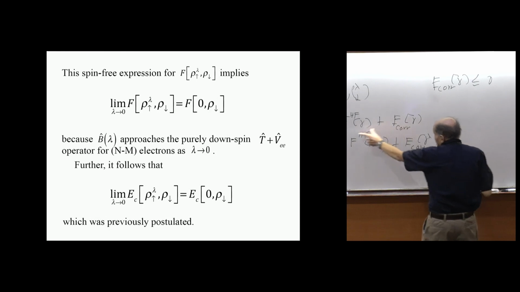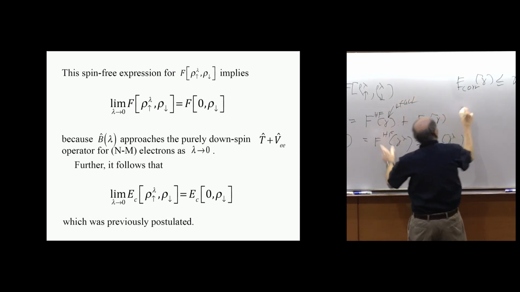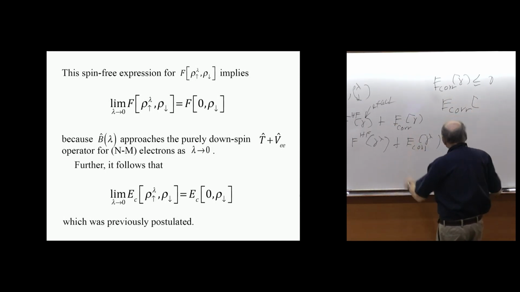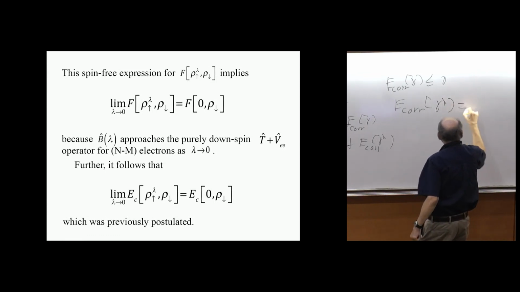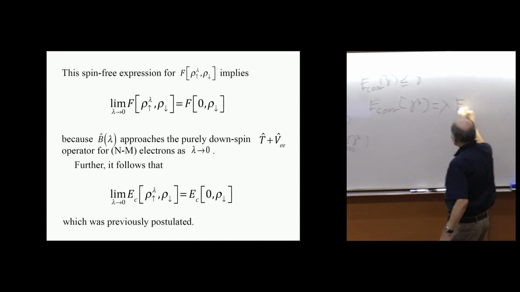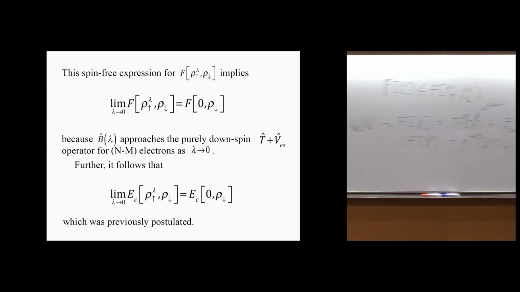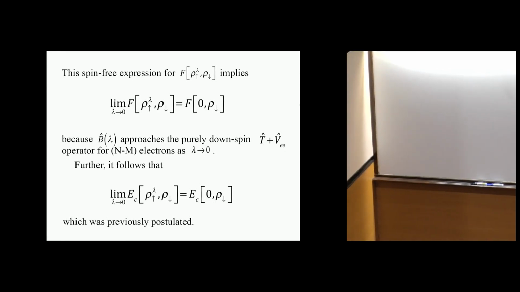We know this exactly, and we do know that E correction scaled is equal to lambda E correction of gamma. So it's kind of nice. We know exactly how the correction scales. So unless there is any correction to my talk, it's over. Thank you.